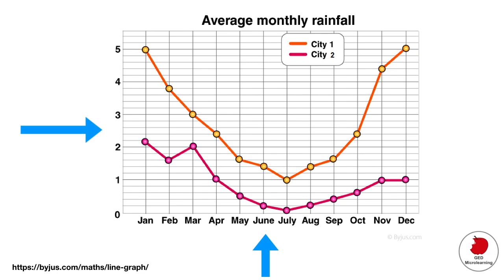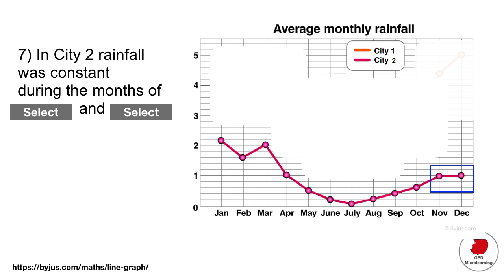And then we have another element here at the top, which is this legend. So here it's telling you that the purple line represents city 2, and the orange line represents city 1. The question specifically asks us for rainfall in city 2, and more specifically, when rainfall was constant.